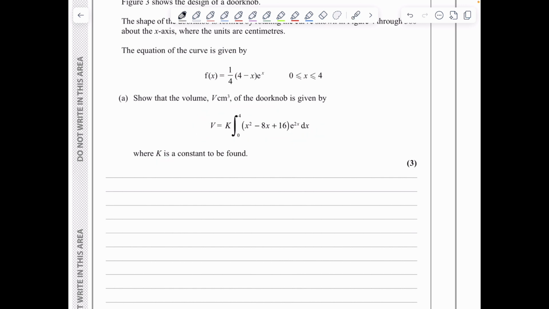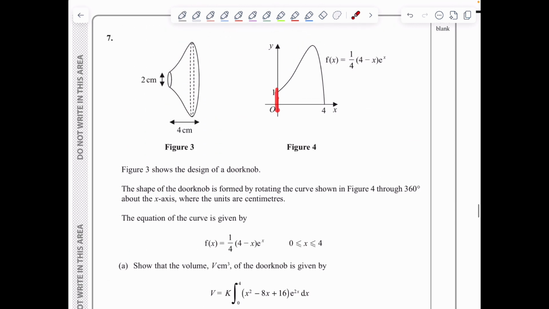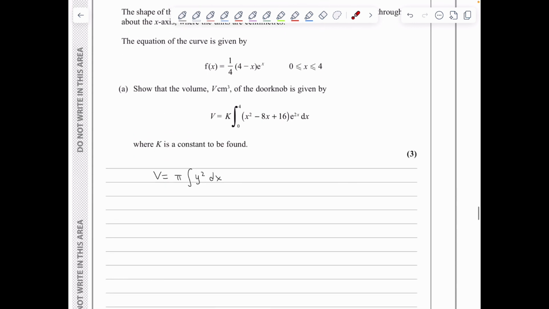Well, we know that if we are rotating about the x-axis, then the volume is given by pi times the integral of y squared dx. In our case, the limits will be 0 and 4. We are talking about x limits. So from 0 up to 4, I will proceed in substituting y squared. So we've got a quarter times 4 minus x, e to the x, all raised to the power of 2, dx.